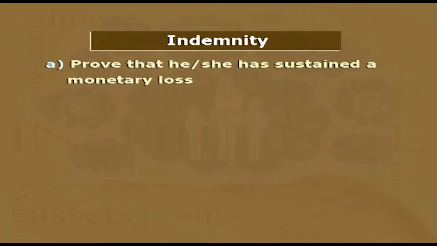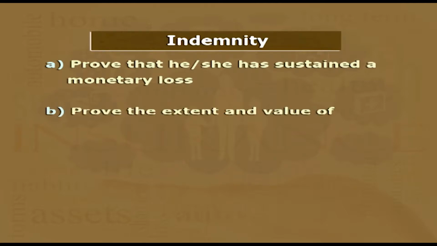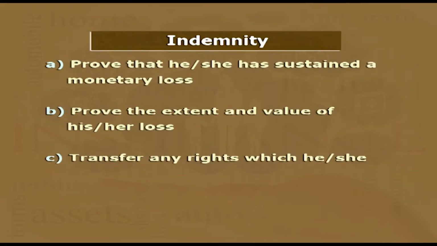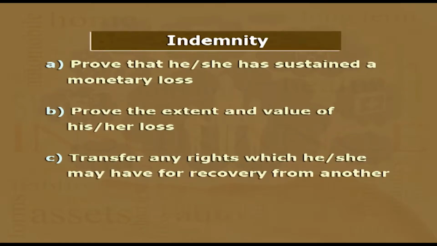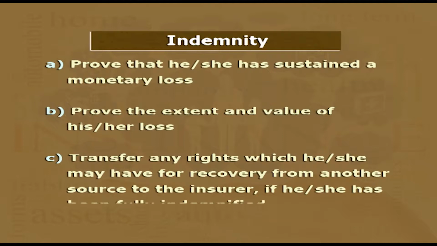In the event of a claim, the insured must A. Prove that he or she has sustained a monetary loss, or B. Prove the extent and value of his or her loss. C. Transfer any rights which he or she may have for recovery from another source to the insurer if he or she has been fully indemnified.